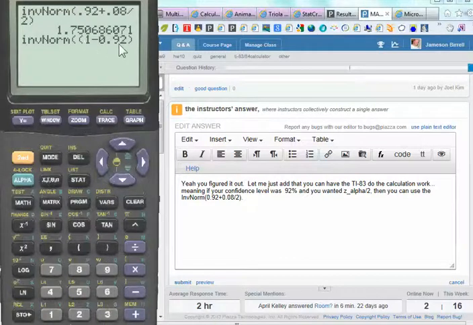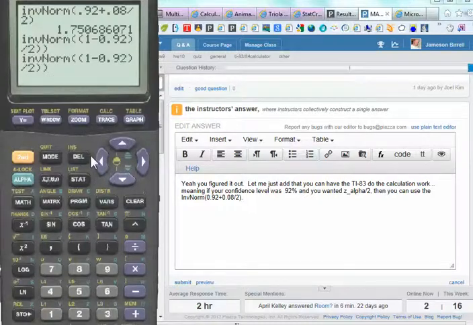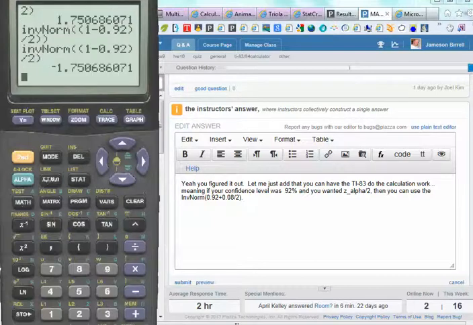I want it to find the complement for me because I'm just too lazy to figure out that that's 8%, or 0.08. And then divided by 2. And then I'm going to close the function and hit enter. Sorry, one extra parenthesis there. Let me just do that again. And it's going to give me the negative one.